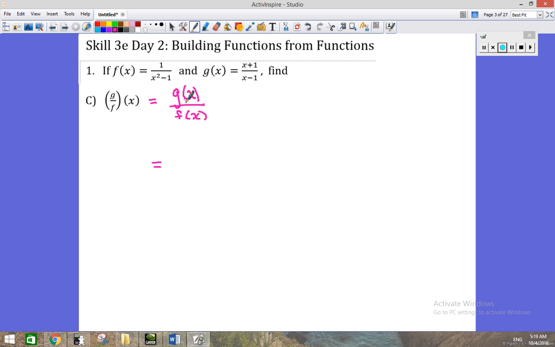So through substitution we can replace this g of x with x plus 1 over x minus 1, and for f through substitution we have this.